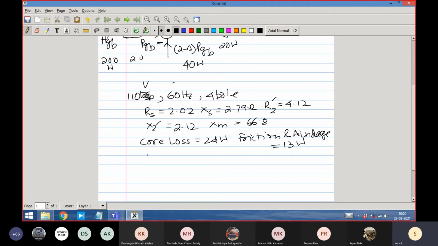So we have to do that for a slip of S is equal to 0.05.